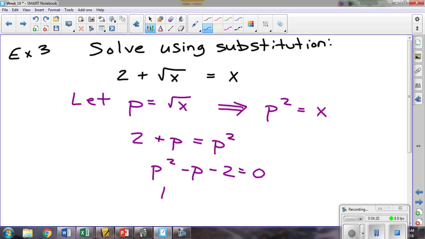Well, in this instance, we would have to recognize that negative 2 and positive 1 are the factors which give us solutions. P is equal to positive 2 or P is equal to negative 1.